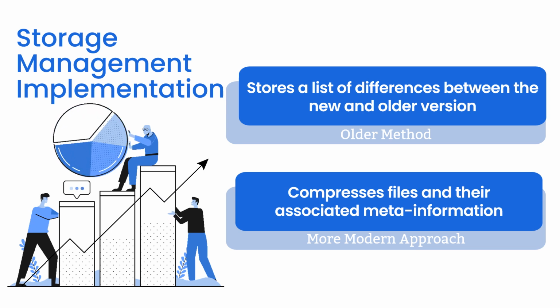Storage management used to be the most important component of VC systems because disk storage was large and expensive. So in the past, a list of differences between older and newer versions was created, called deltas, and these deltas were stored as lists of changed lines.